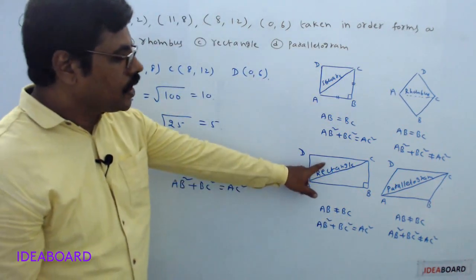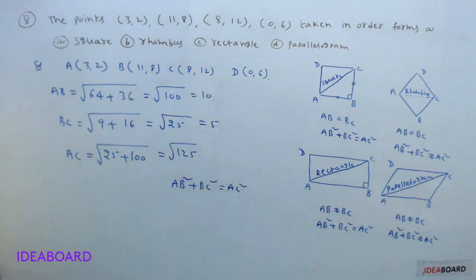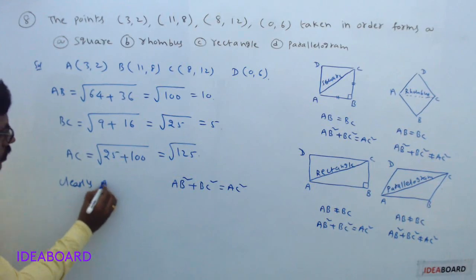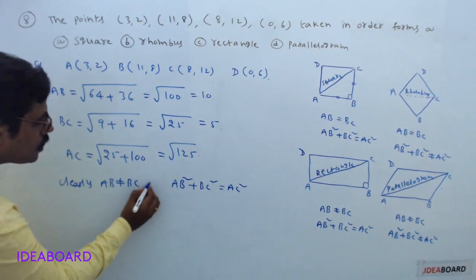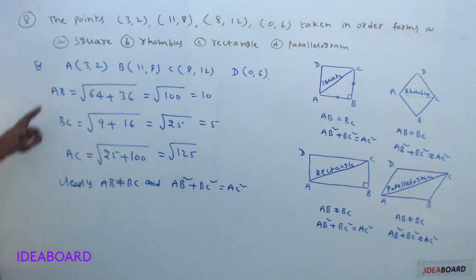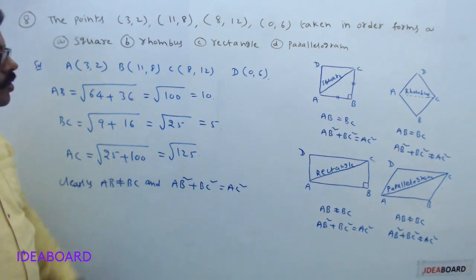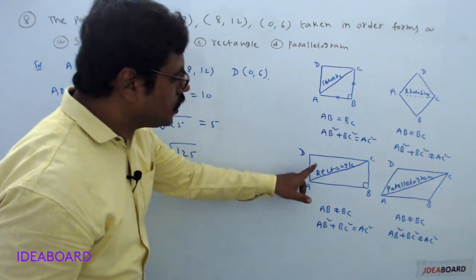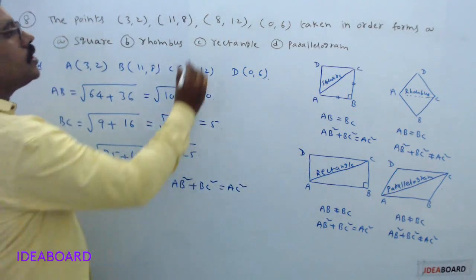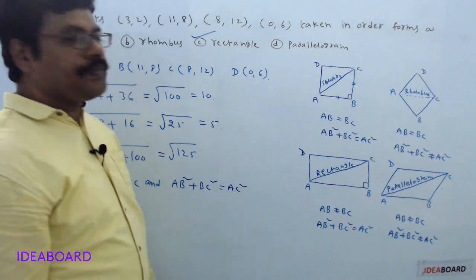So what is our answer? Rectangle. So clearly AB not equal to BC and AB square plus BC square equal to AC square. So these two conditions are satisfied. So the required quadrilateral is a rectangle.